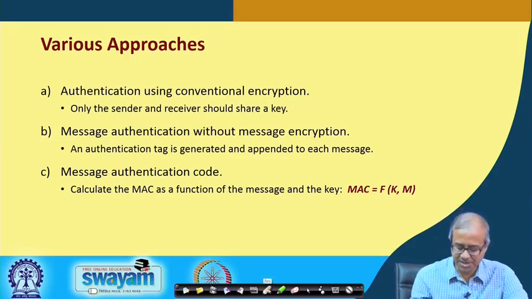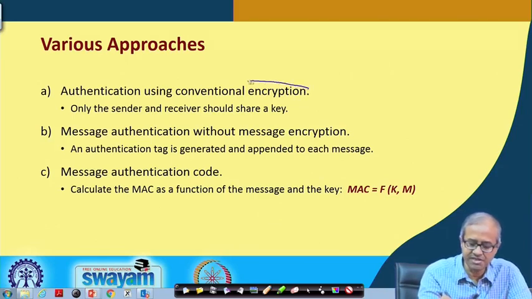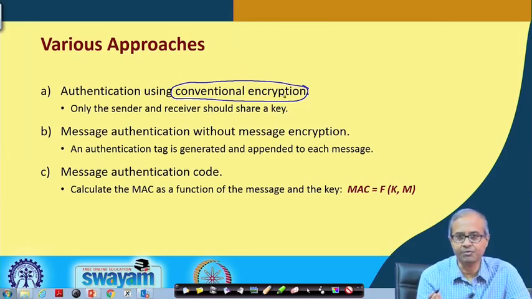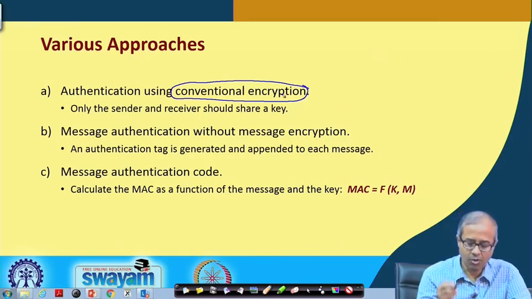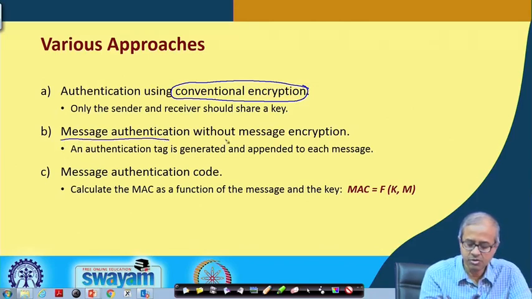There can be multiple approaches here. You can use conventional encryption, as I have already talked about, or public key cryptography. You can carry out this kind of authentication, or you can do message authentication without any encryption.